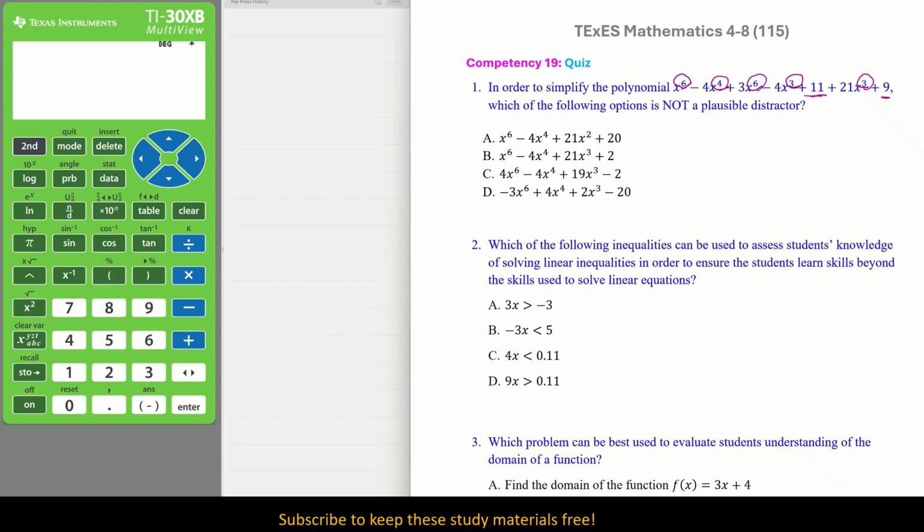All right, so now let's look at our possibilities. If you look at option A, that is your big clue. It has x to the second. Well, that is highly misleading, and it's too close to x to the third. So I would not use that as a plausible distractor.